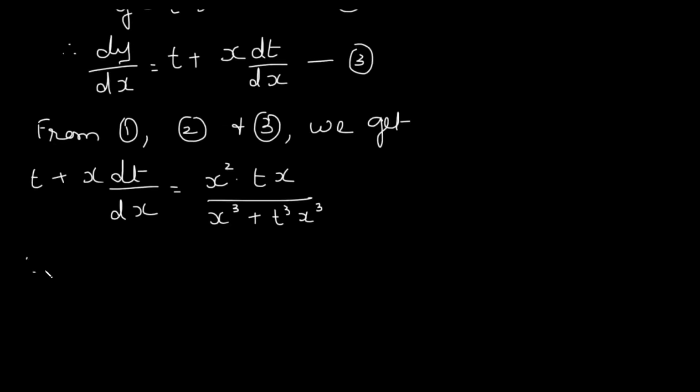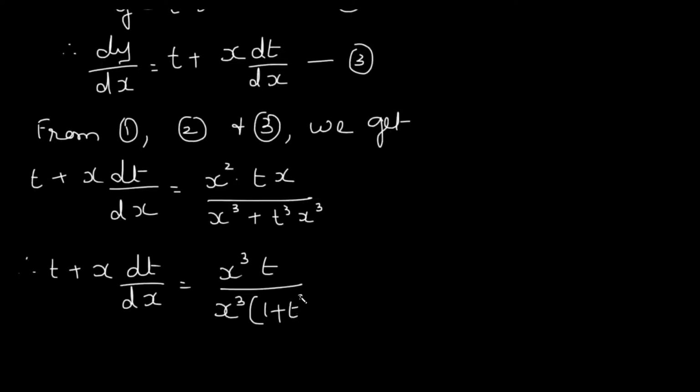So t plus x dt upon dx is equal to, x square into x becomes x cube, so x cube t upon, in the denominator x cube is taken common because it is present in both the terms, so x cube into (1 plus t cube). We can cancel off both these x cube terms, and then we get t upon 1 plus t cube.